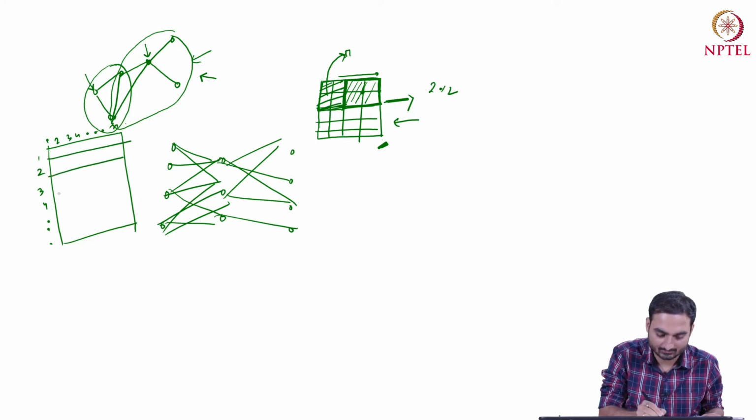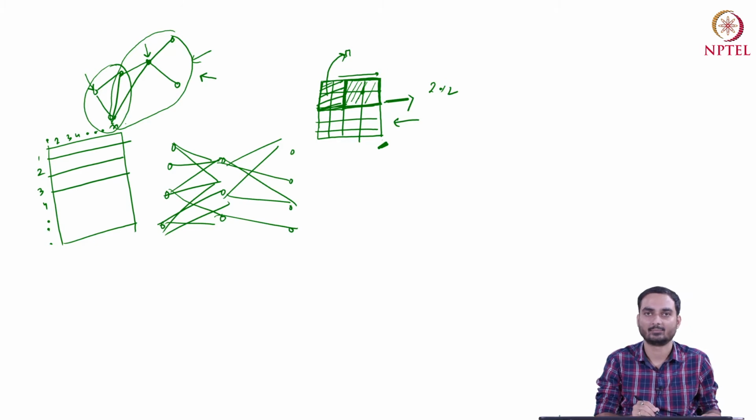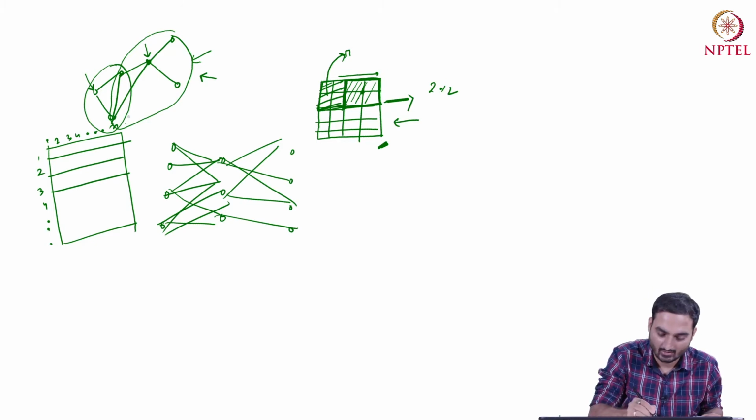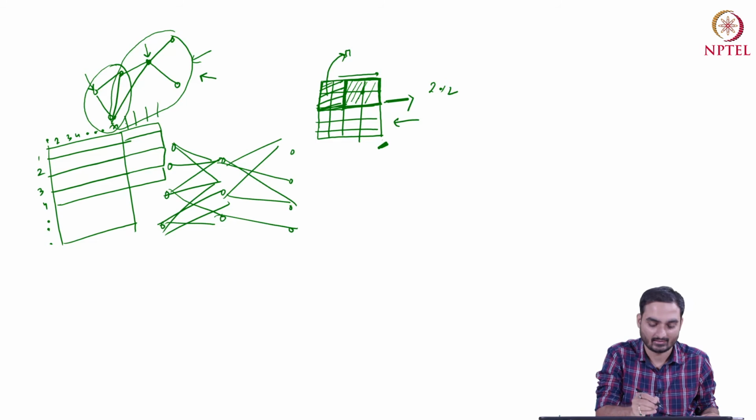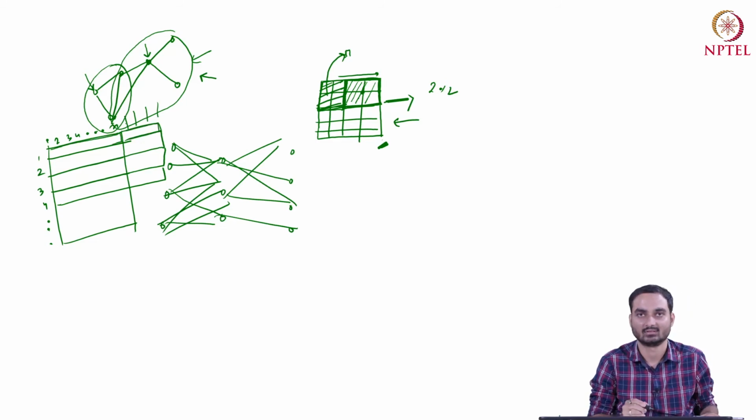You have rows indicating neighbors. You can also add additional columns indicating features for each node, and then you have a concatenated version of the feature vector. This part indicates neighbors and this part indicates features, right.